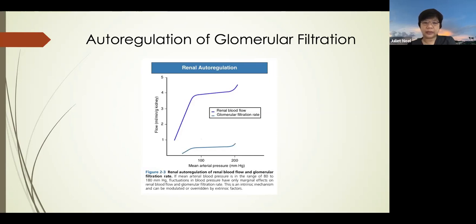So as long as it's between 80 to 180, our autoregulation will regulate so that there will not be a very significant change in our renal blood flow and filtration rate. But the moment the blood pressure drops below 80, then the renal blood flow will be compromised and eventually the GFR will decrease. Same thing with a very high blood pressure.